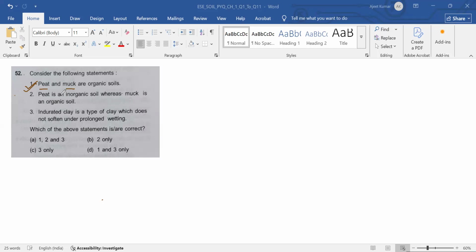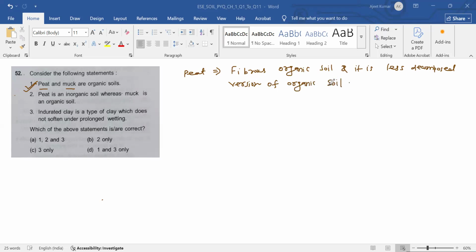Peat is fibrous organic soil, that is a less decomposed version of organic soil.